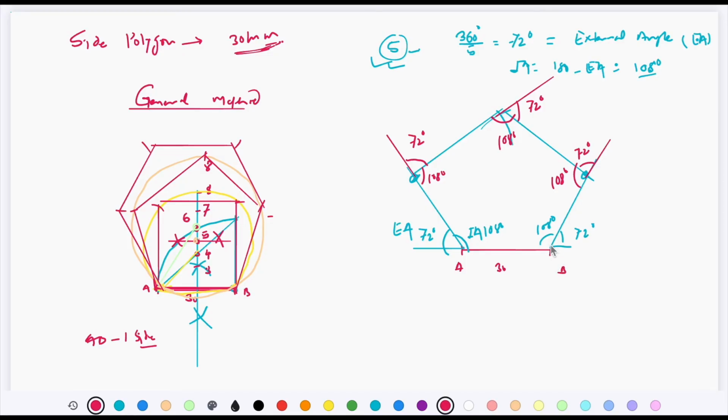So by referring to this sketch, you can construct any required polygon. You just need to divide 360 by that specific polygon's number of sides, and that way you will get the external angle, and 180 minus the external angle you will get the internal angle.